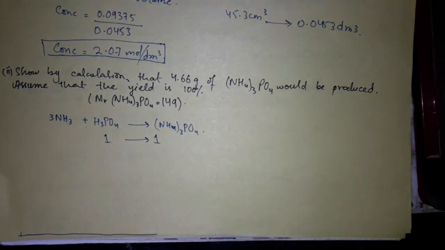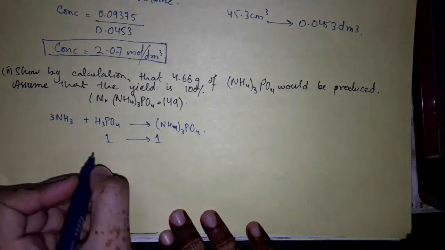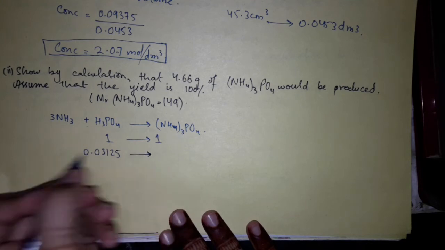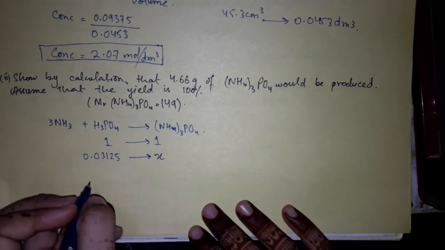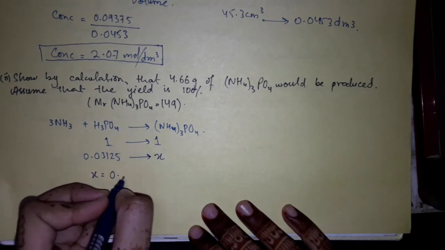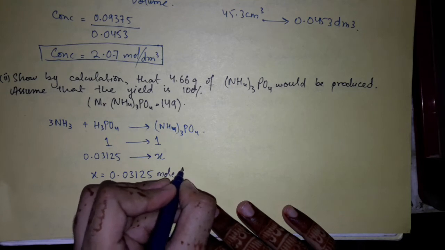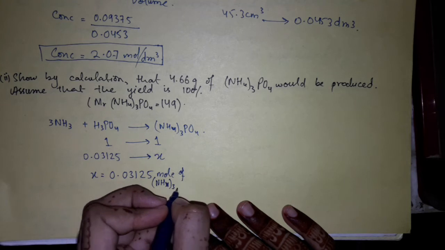In the last part we calculated the moles of phosphoric acid. So 1 mole of phosphoric acid produces 1 mole of ammonium phosphate. So 0.03125 moles of phosphoric acid produces how many moles of ammonium phosphate? By cross multiplication we get 0.03125. Since the ratio is 1:1, the number of moles will be the same for (NH4)3PO4.